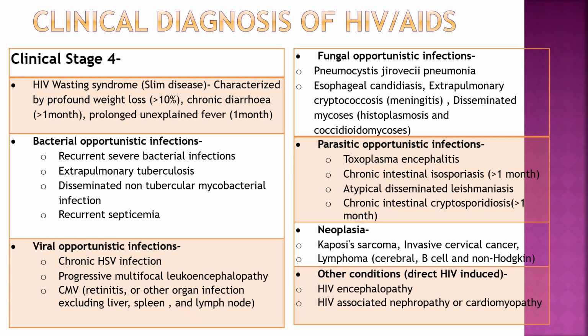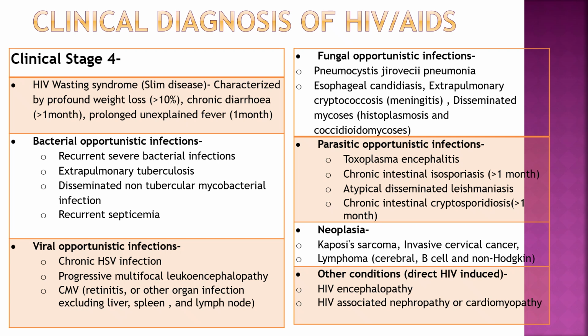Bacterial opportunistic infection like recurrent severe bacterial infection, extrapulmonary tuberculosis, disseminated non-tubercular mycobacterial infection, recurrent septicemia. Viral opportunistic infection: herpes simplex virus infection, progressive multifocal leukoencephalopathy, cytomegalovirus infection like retinitis, other organ infection including liver, spleen, lymph node.